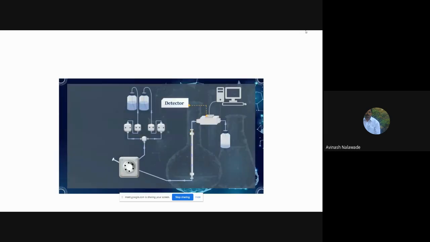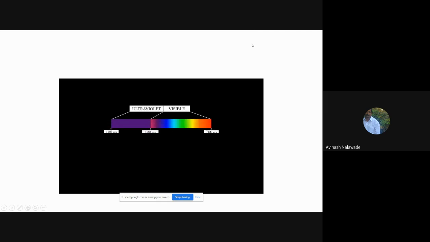Now the detector. For example, here they have shown the UV visible detector, which is using deuterium and tungsten lamp.